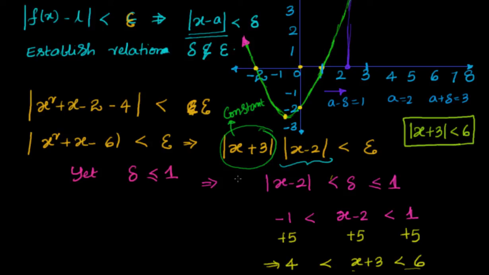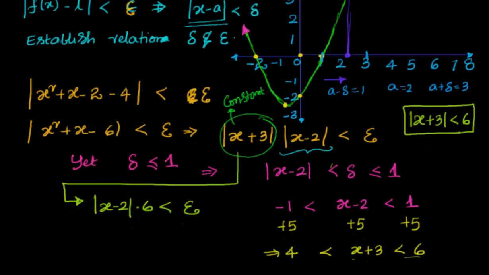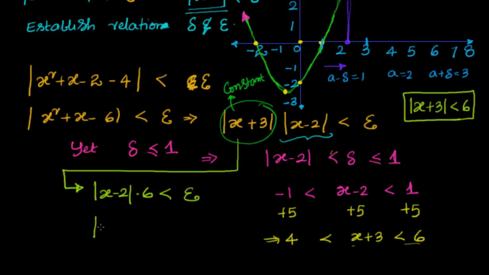That means I can say that x plus 3 maximum value will be less than 6. I will leverage this now, and I will go back here and say, therefore x plus 3 I will write as 6, and I will say less than epsilon. Now you can see that this is in the format we need of |x - a| less than epsilon by 6. This is nothing but |x - 2| less than delta.